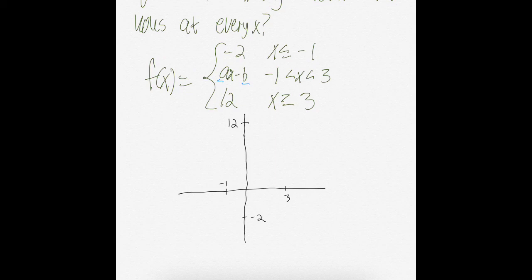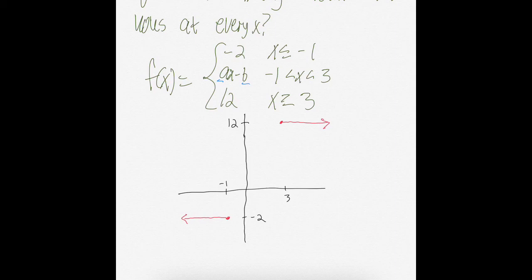And so our function looks like this: for x less than or equal to -1, we're here at -2. Then for x greater than or equal to 3, we're up here at 12. And so we just need to figure out what is going on in the middle here.